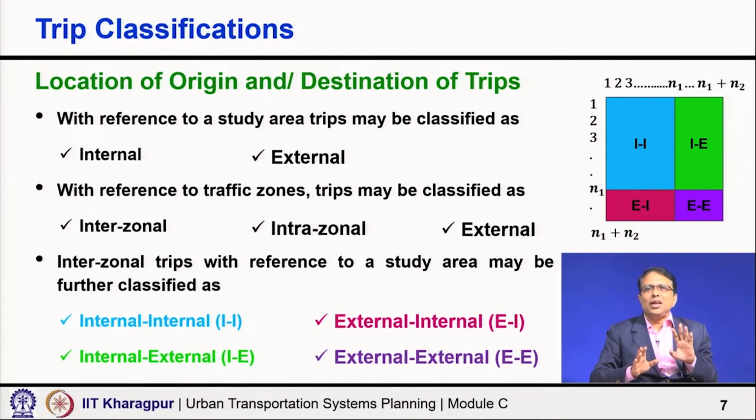Neither the production is within the study area, nor are the trips finally attracted within the study area. Production and attraction both happen in the N2 external zones. So, we can call it external-external.